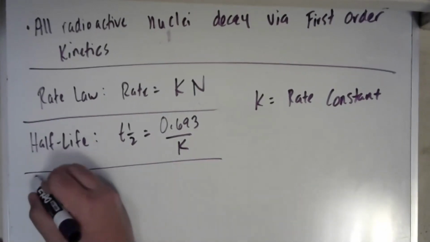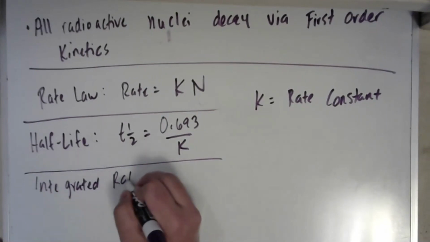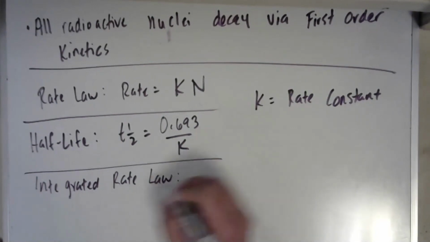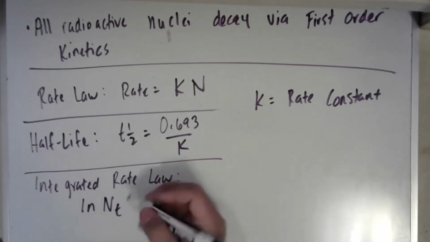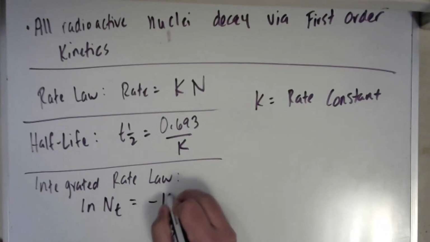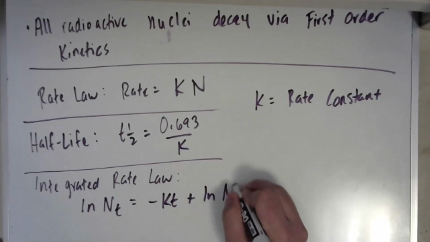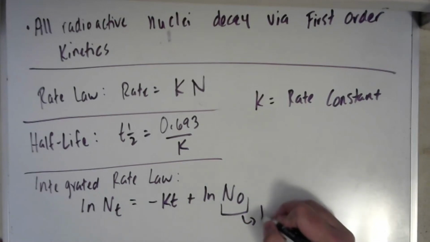And then you're going to have your integrated rate law. That's going to be the natural log of N sub t equals negative kt plus ln N sub 0. What these notations stand for: the little n with the little 0 is the initial number of radioactive nuclei.